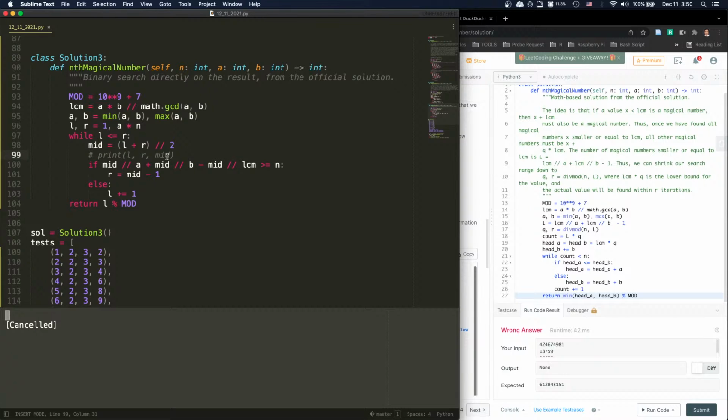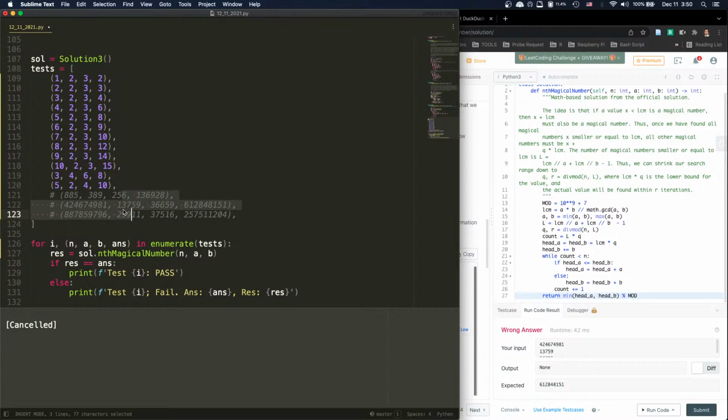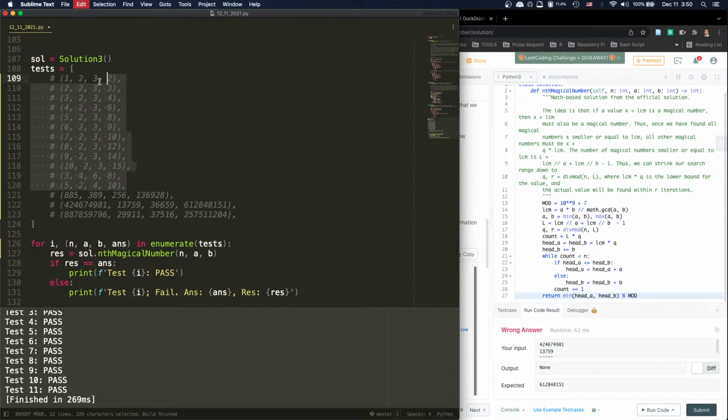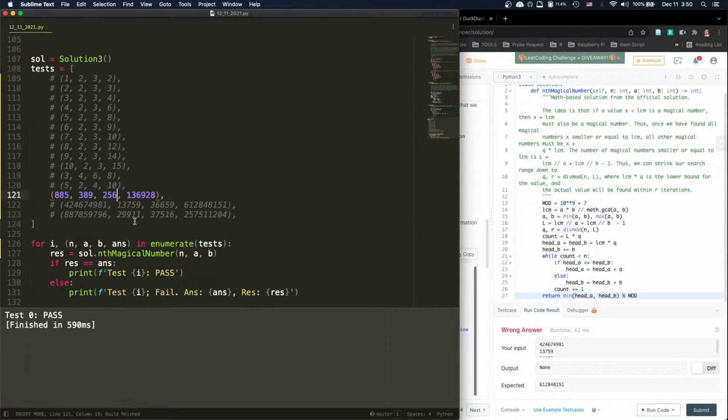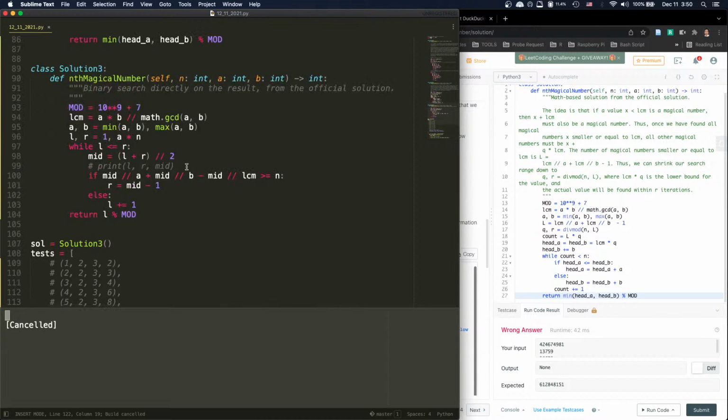It stayed the same? How? Why would it not work? They all pass. This one passed. This one had a problem. What was the problem? We can check.